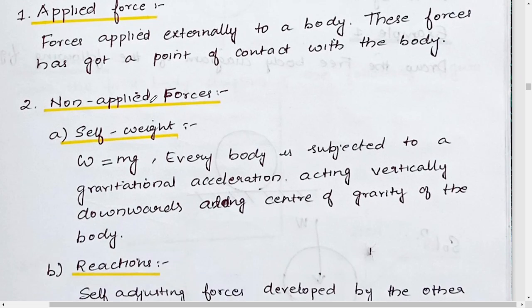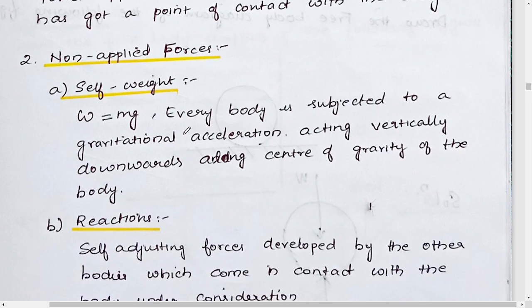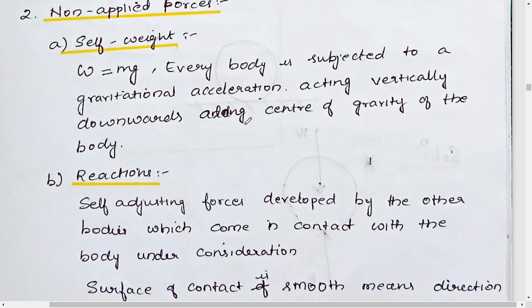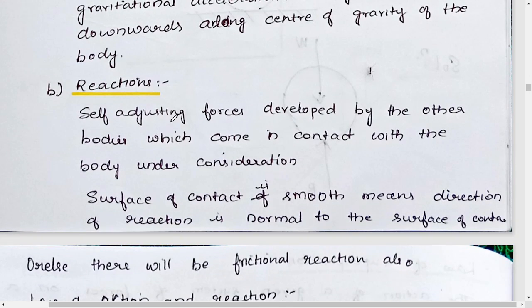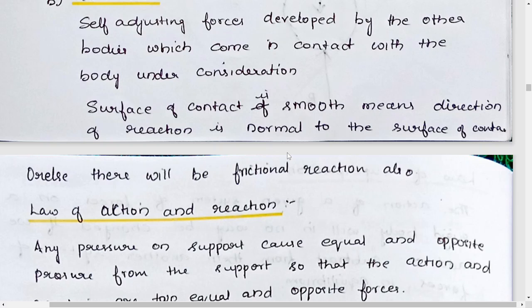Then we have non-applied forces, such as self weight, W equal to mg. Every body is subjected to gravitational acceleration downwards along the center of gravity. Then we have reactions, which are self-adjusting forces developed by the other bodies which come in contact with the body under consideration.